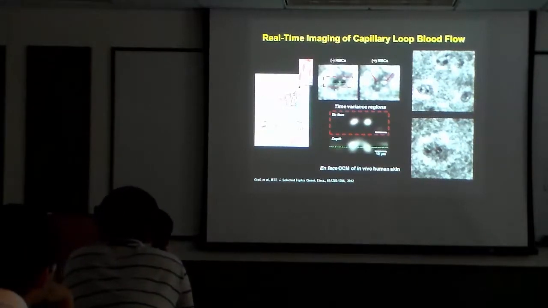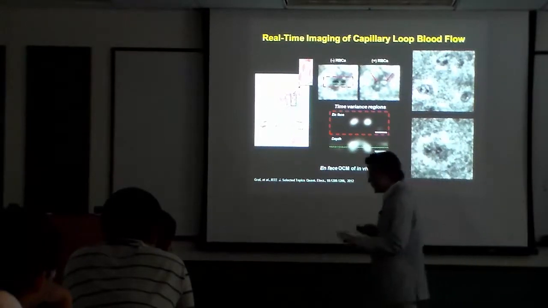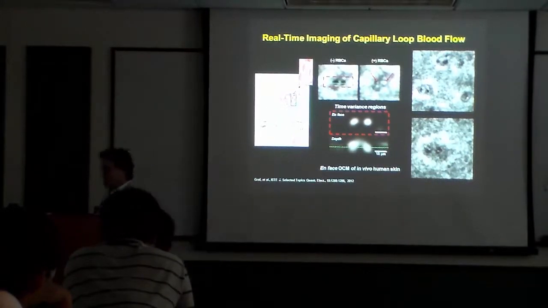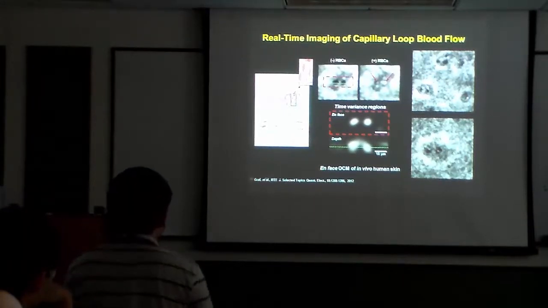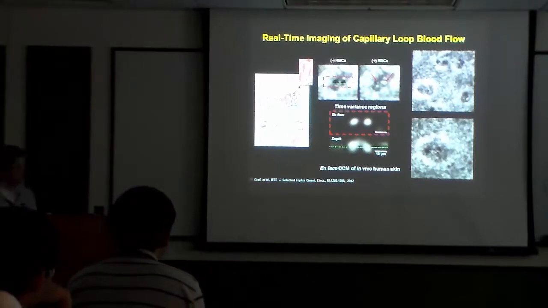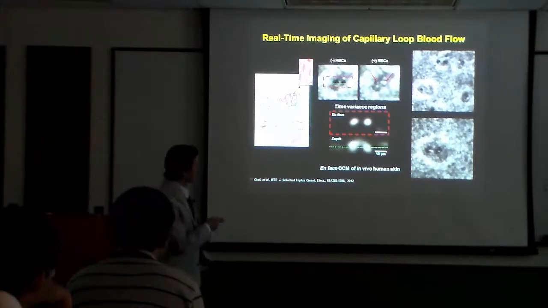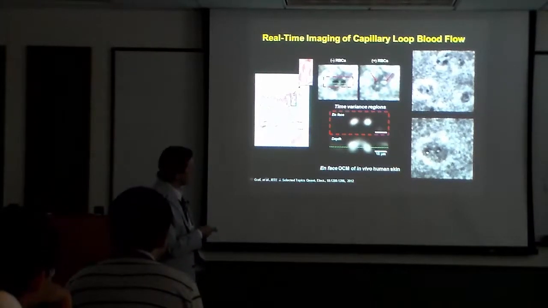If we look in cross-section, we see two little voids, and if we look at the time variance over time, we see that there's activity or movement in each of those voids, and in cross-section, we see the top of that loop. So with OCT or OCM, we're actually seeing these capillary loops, and then we can do video acquisition, and we see activity in each of these little loops, and we see transient scatterers.